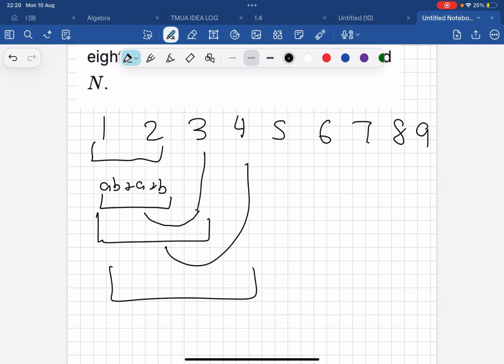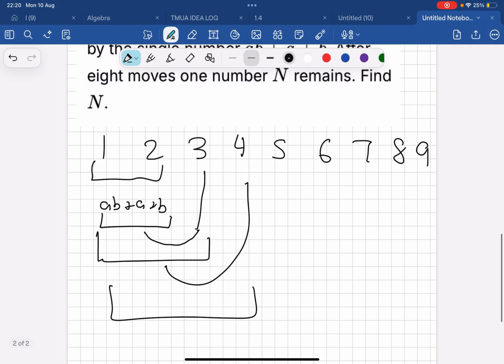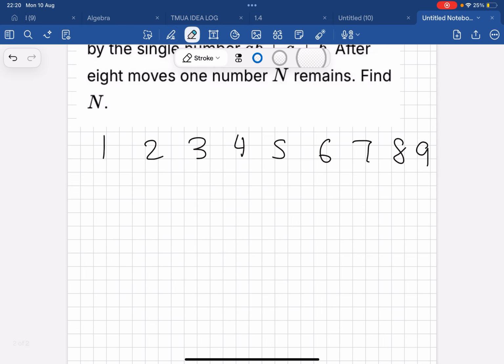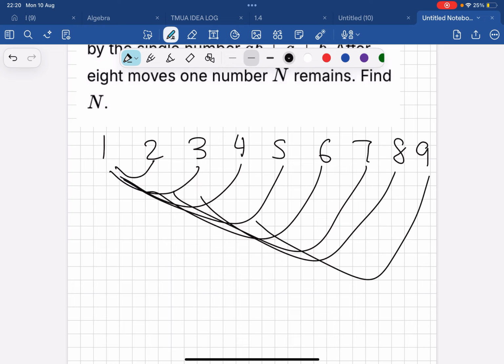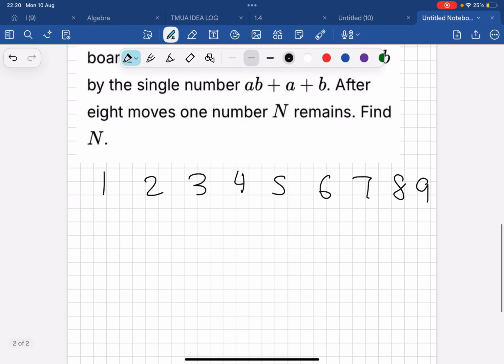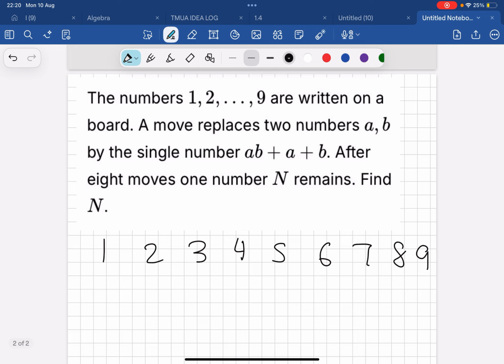We just keep applying the same move. Now at the end, we'll get 1, 2, 3, 4, 5, 6, 7, 8. So these are all just pairs. Alright, okay, so that's how we know where these 8 moves come from. And after 8 moves, one number n remains.